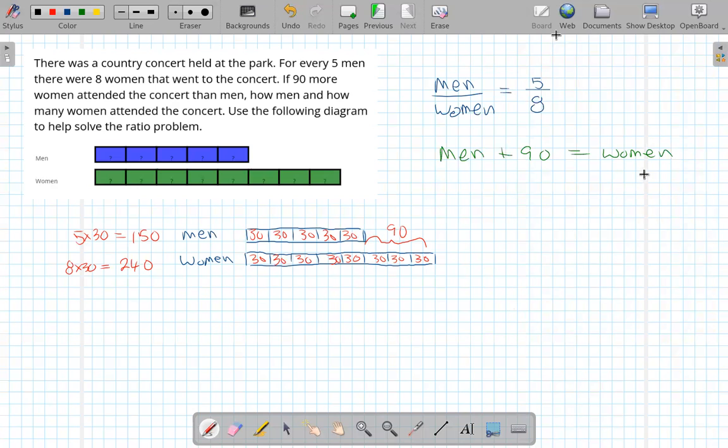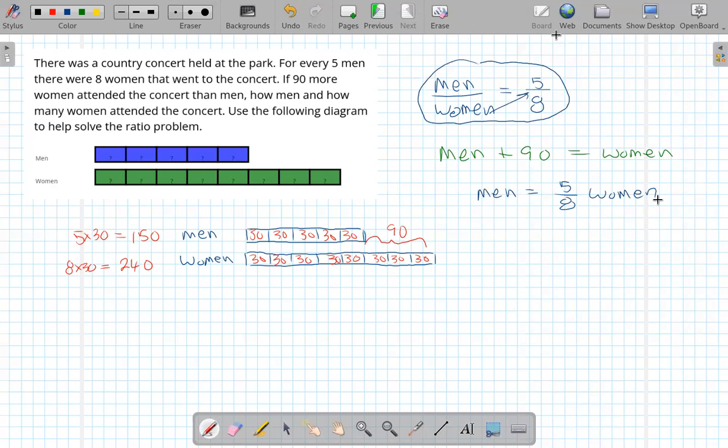So a couple ways to do that. I could rewrite this blue proportion here to say that the men are always equal to 5/8 of the number of women. And I'm just multiplying this missing number of women over to the right side here. So 5/8 times the number of women.